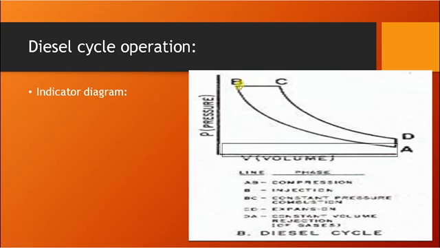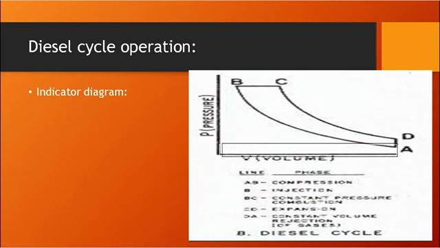The air is compressed to 1000 degrees Celsius, and at stage B the fuel injector sprays diesel, due to which it catches fire and combustion takes place. Due to combustion, the temperature rises to 2000 degrees Celsius, as shown by the curve BC, and from C to D the piston is pushed towards the bottom of the chamber, BDC.